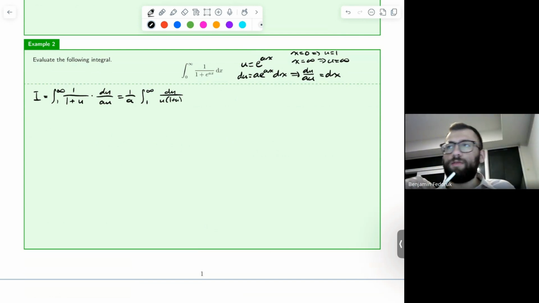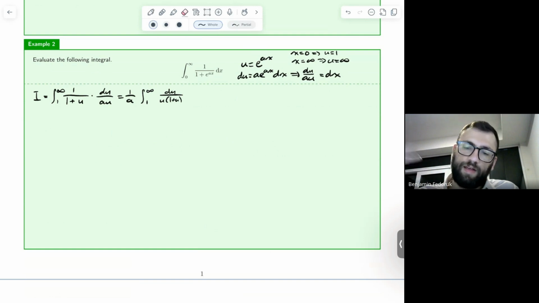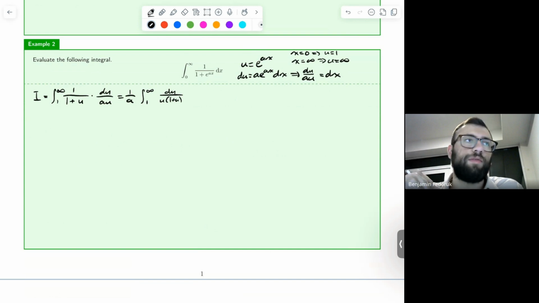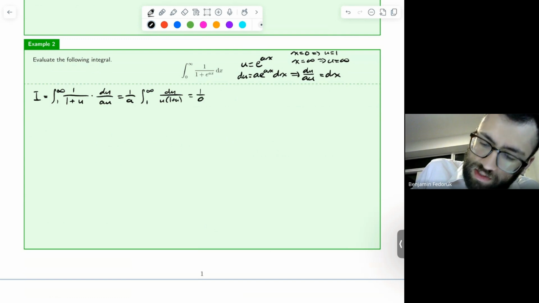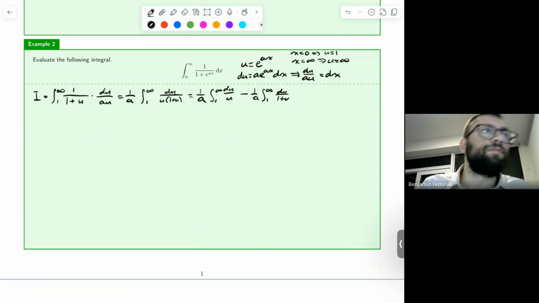And from here, maybe you sit and think with it for a little bit, and you don't see anything because there's not any nice subs here that you could do. The best you can do is partial fraction decomposition. So if we do partial fractions, what we get is 1 over a times the integral from 1 to infinity of du over u, and then minus 1 over a times the integral from 1 to infinity of du over 1 plus u.